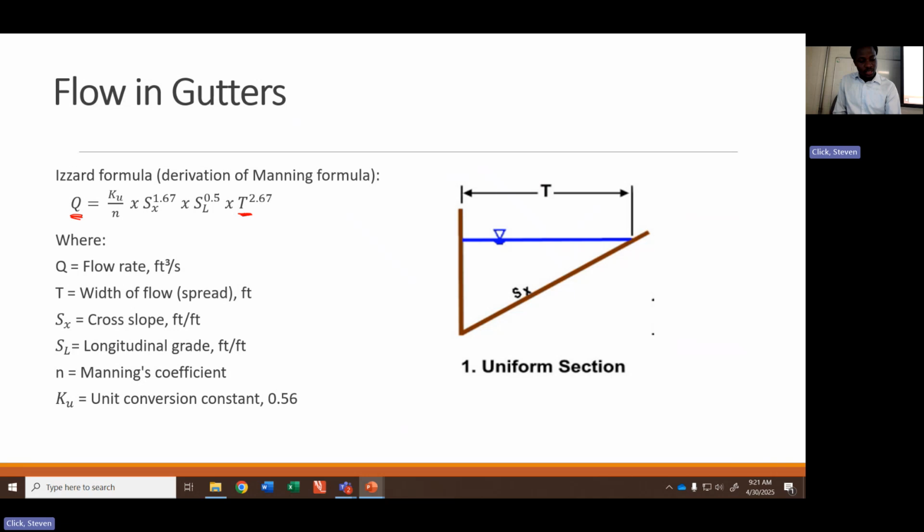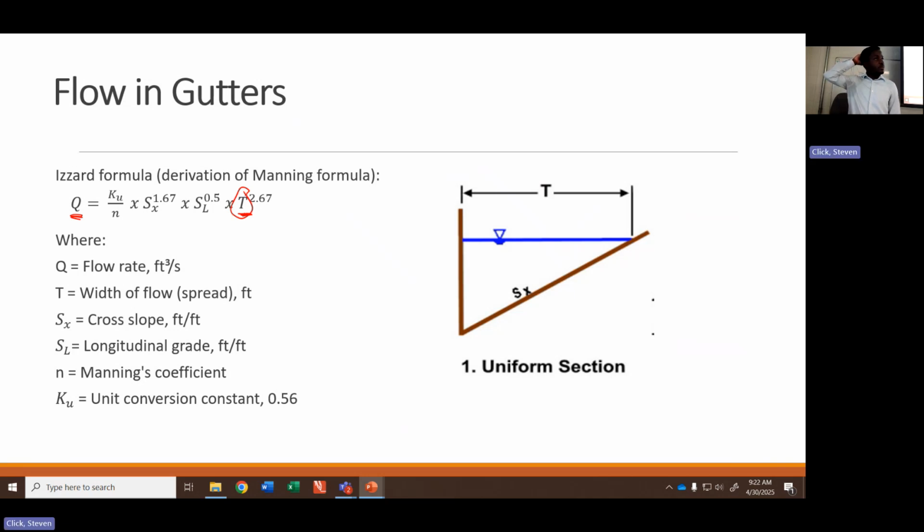So we want to make sure that whenever we are designing our gutters, the spread is always less than the allowable spread, so that we are sure that regardless of what flow will be coming in the gutters, the flows that will be coming from the rainfall, it won't affect the traffic movements of people using the road.